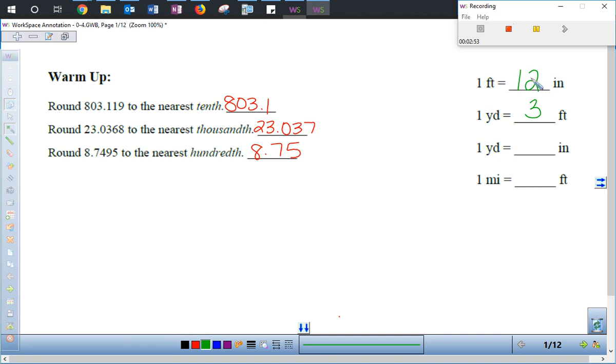If there are 12 inches in a foot and there are 3 feet in a yard, we take 3 times 12 and that'll give us 36 inches in a yard. And then this last one you may or may not know. It is very helpful for us this year. 1 mile is 5,280 feet.